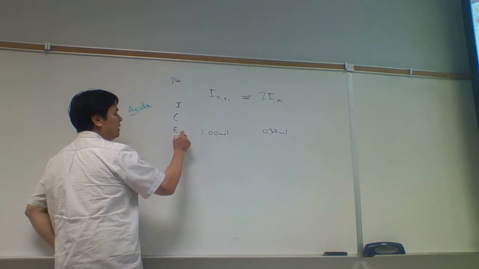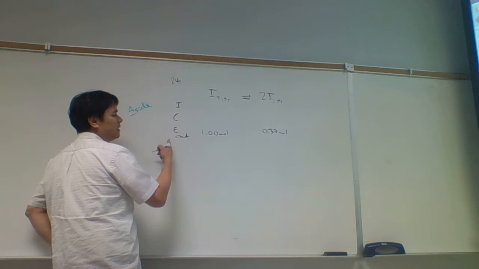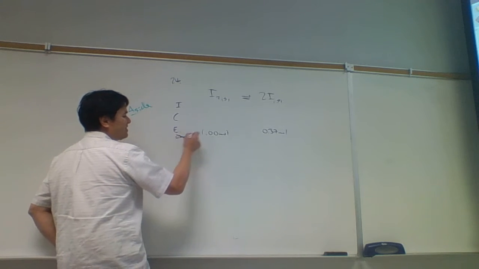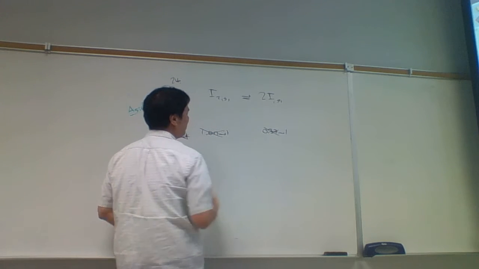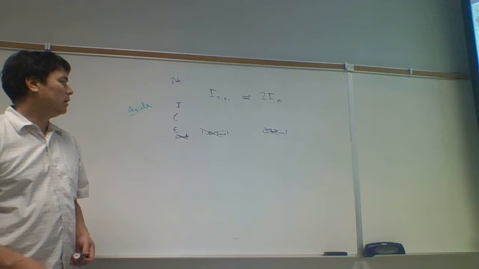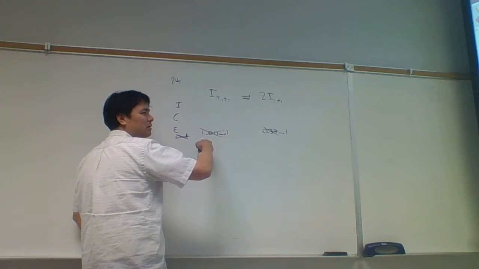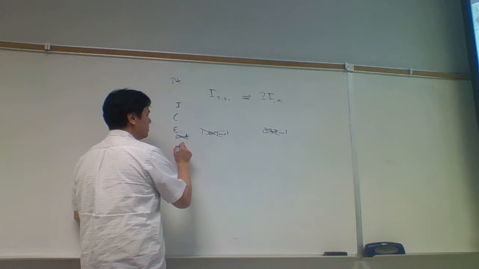I'm not allowed equilibrium amounts. I need equilibrium concentrations. And since amounts aren't good, let's figure out the concentrations. Actually, I don't know the concentrations, because in order to get them I need the volume.